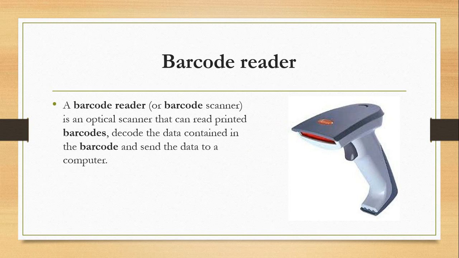We have the barcode reader. The barcode reader or barcode scanner is an optical scanner that can read printed barcodes, decode the data contained in the barcode, and send the data to a computer. This device is mostly used in shopping centers and shopping malls.